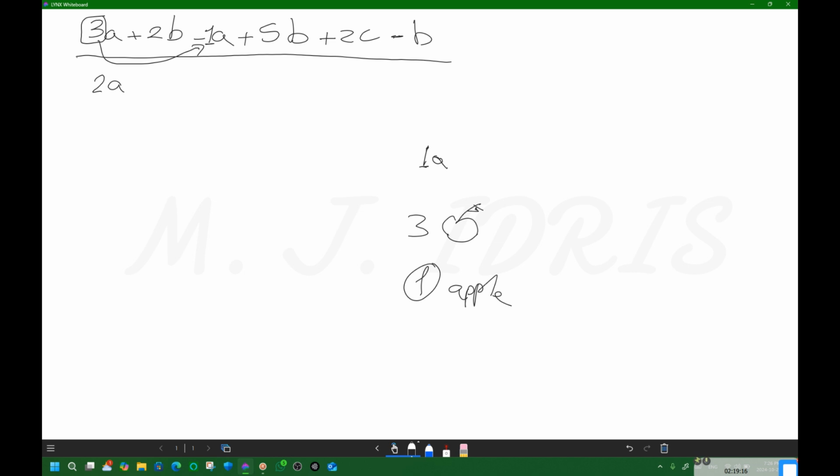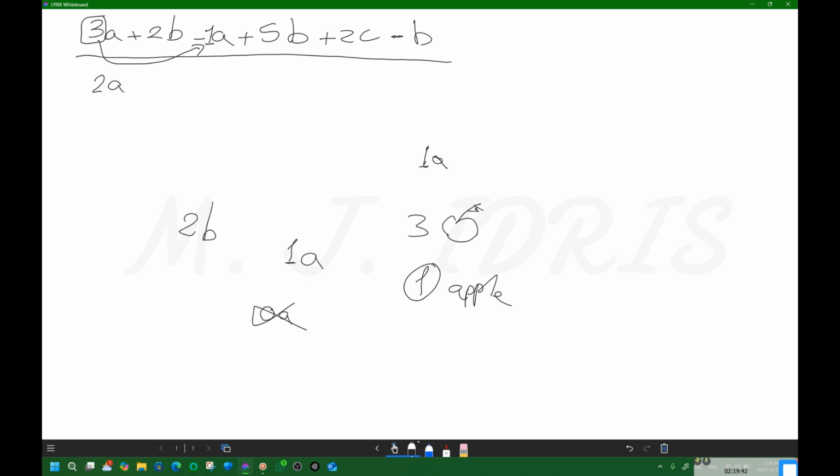So same thing here. If I said 2b, this means 2 b's. I have b and another b. 3a, a. But if I only said a, this means it's only 1a. That's why by default I understand there's a 1 next to it. Additionally, if there is 0a, I wouldn't write it.